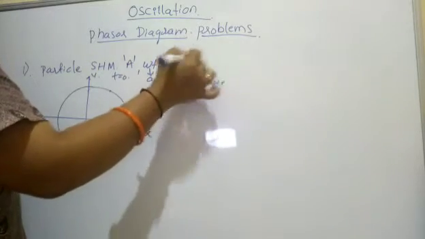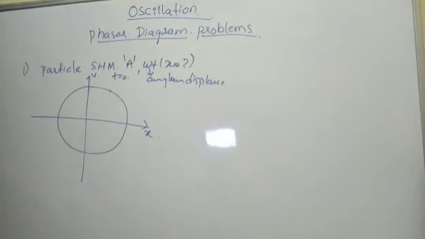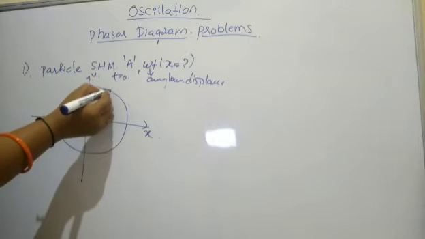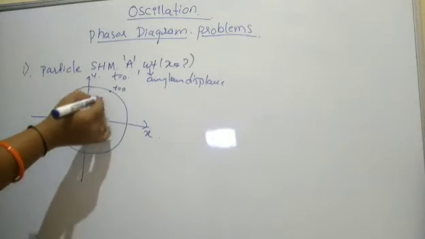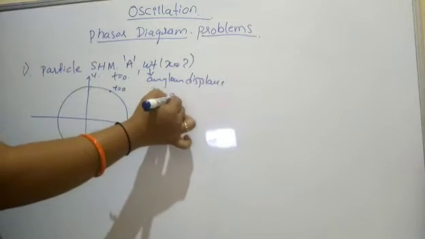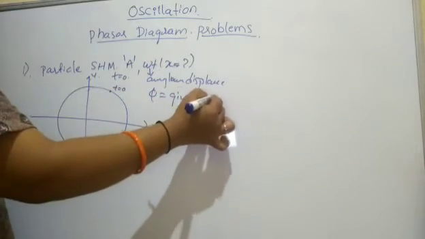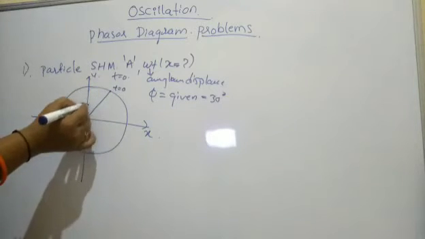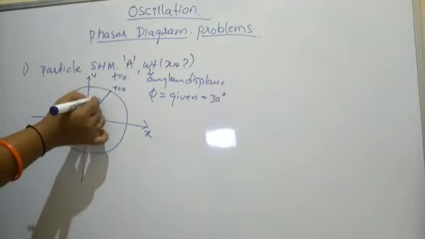We need to find the equation of the particle, right? It started at t equal to 0 at this point, which means the phase angle is given, say about 30 degrees. That means this phase is equal to 30 degrees.